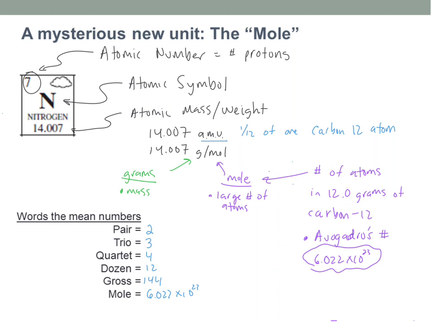And so when we see things like 14.007 grams per mole, another way to put that in a sentence, another way to say that, and I'll write that up here, is that if you have 6.022 times 10 to the 23rd nitrogen atoms, it will weigh 14.007 grams.